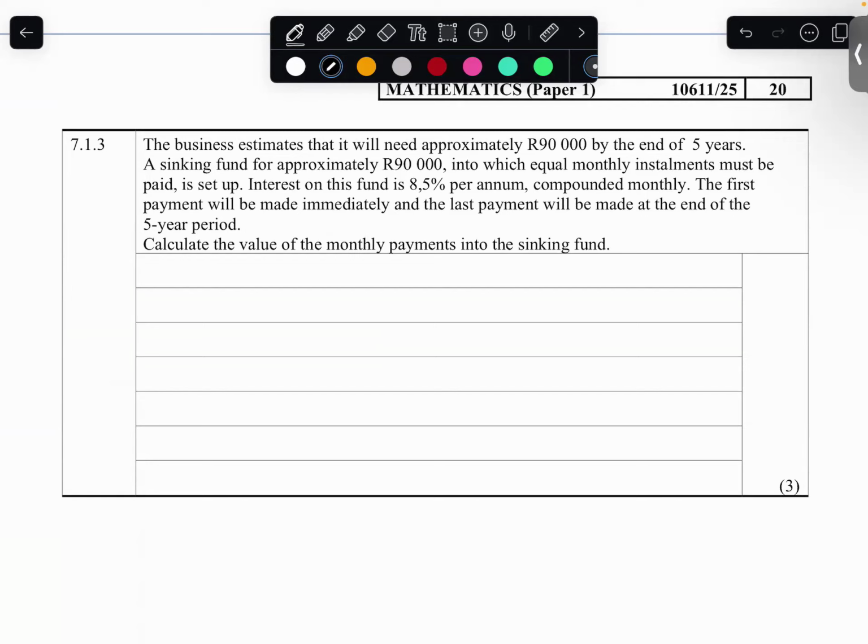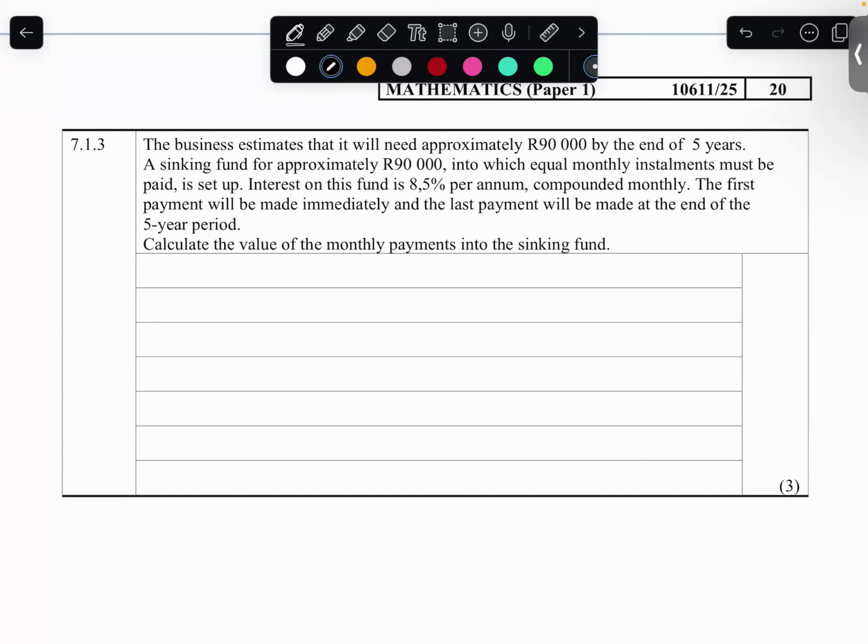Okay, so we don't do any of the other drama where we normally do the subtraction of the inflated rate minus the scrap value of the old machinery. We don't do that in this question because they're telling us that the sinking fund was set up for 90,000. So we're not doing a subtraction in this question. Interest on this fund is 8.5% per annum compounded monthly.